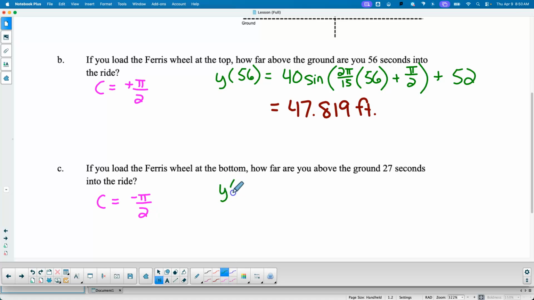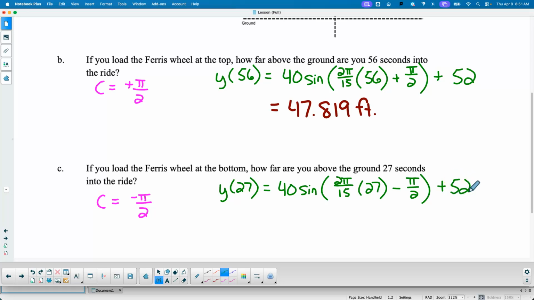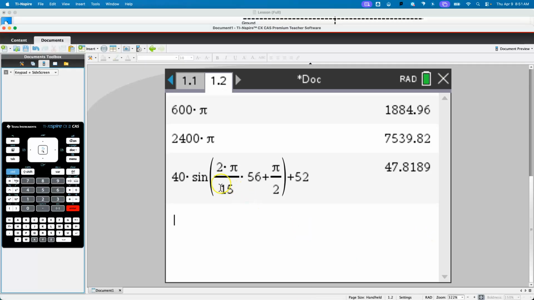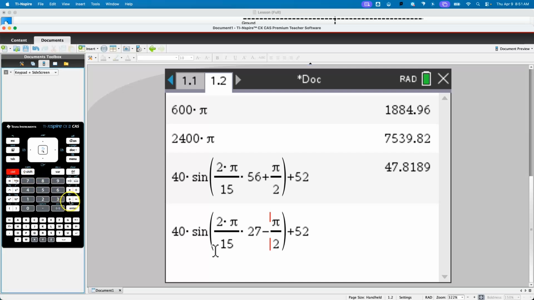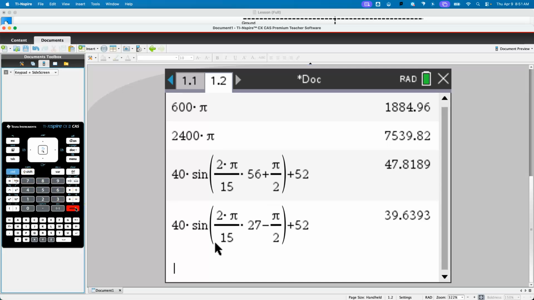Well, that would be y of 27 is equal to 40 sine of 2 pi over 15 times 27 minus pi over 2 now, plus 52. 39.639 feet above the ground.